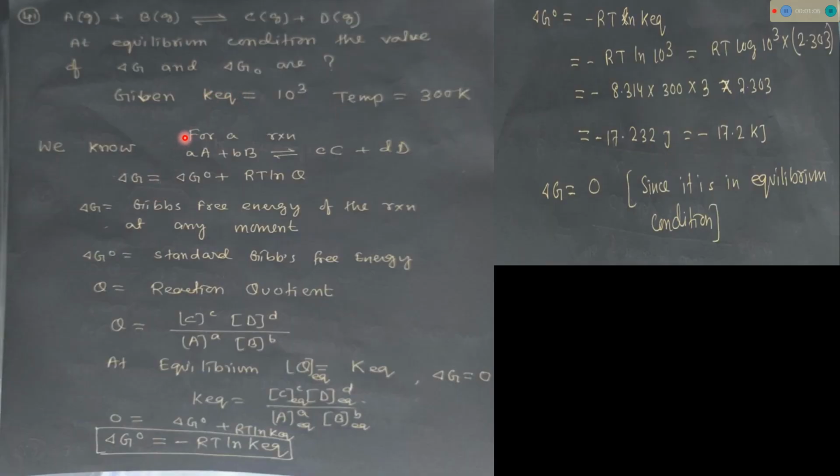So this is a very nice question from chemical equilibrium. Our reaction was given like A gaseous species plus B gaseous species in equilibrium with C gaseous species plus D gaseous species. The question was: at equilibrium condition, what are the values of del G and del G 0?